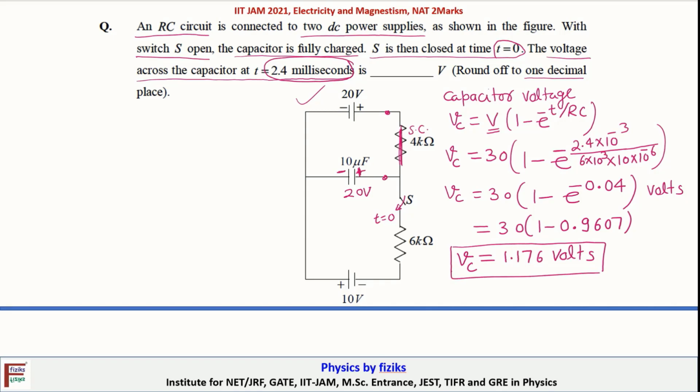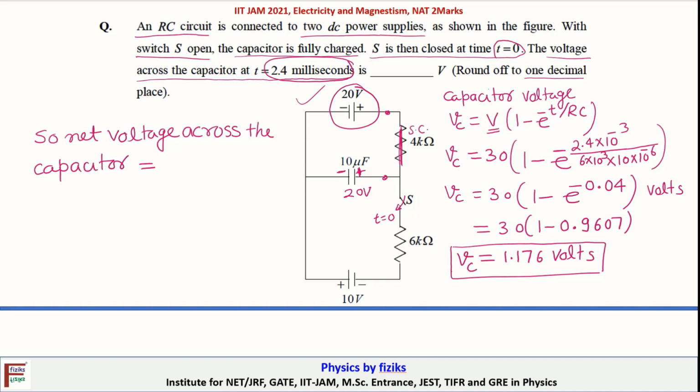But 20 volt is already connected. So what will be the net voltage? We have to see the net voltage across the capacitor.